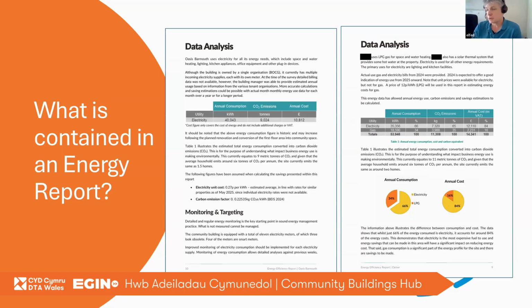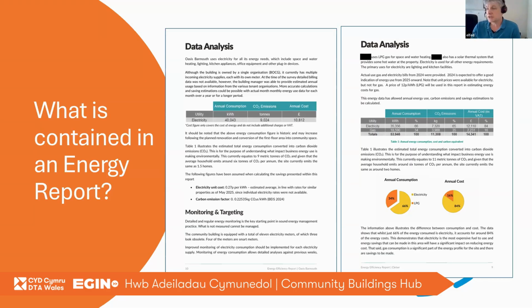And then what we can see from those pie charts at the bottom is that LPG makes up 34% of this group's end use, but only 16% of their costs. So gas obviously is a reasonably cheap way of heating a building, but it's not great from a carbon emissions perspective.